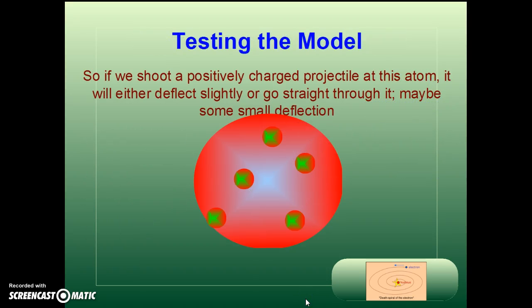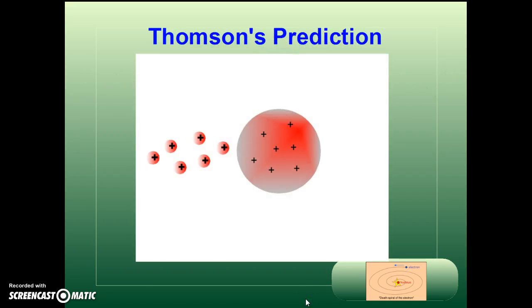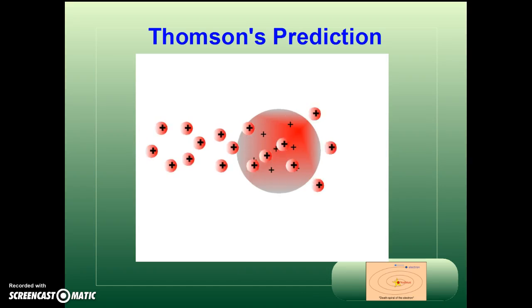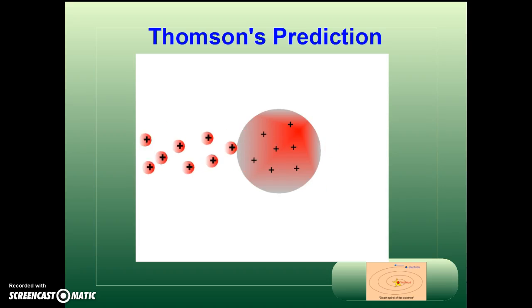So, we would think that if we would shoot a positively charged projectile at the Thomson atom, it'll maybe deflect a little bit, or it'll go straight through it. So Thomson is predicting, as this animation shows, that there will be little or no deflection if you shoot positive particles at this sphere.